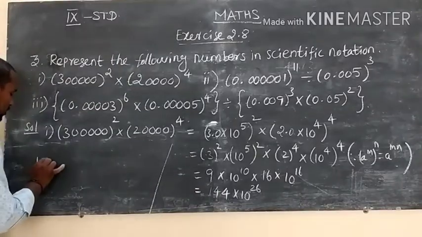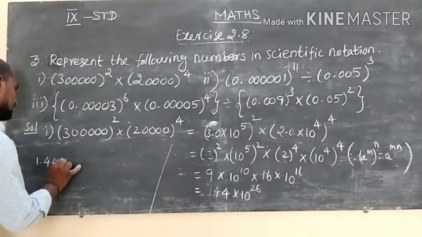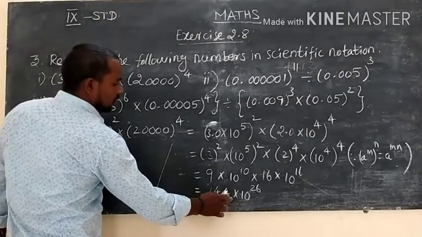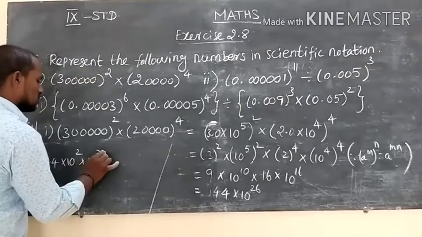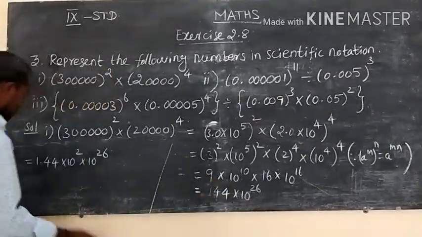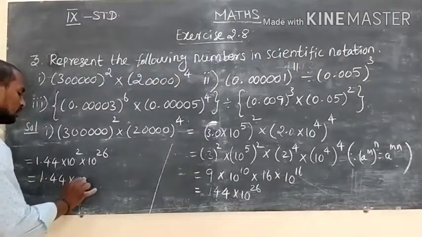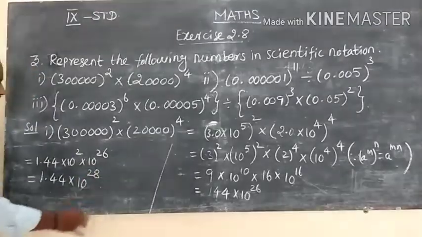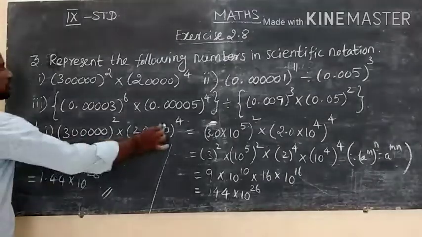So 1.44 into 10 power 2, into 10 power 26, which is equal to 1.44 into 10 power 2 plus 26, so 28. That's all. This is the scientific notation of the given question.